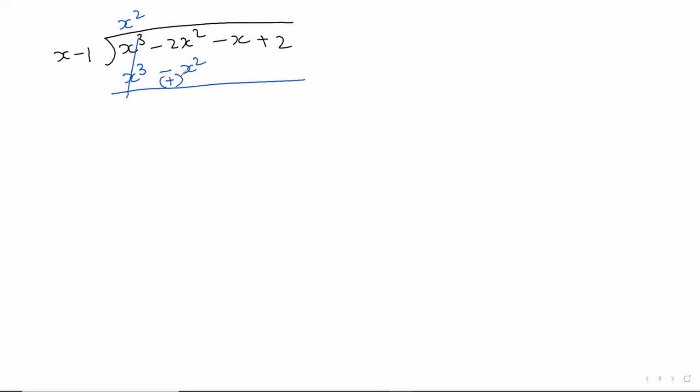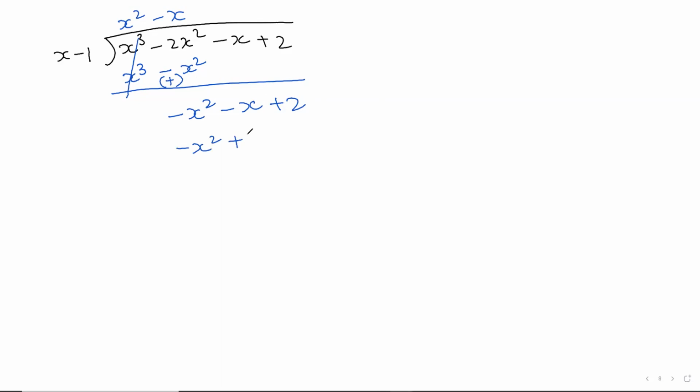So this is minus 2x square plus x square, minus x square. Ma'am, then we write minus x. Ma'am, we divided by x. Ma'am, minus x. It will be minus x square and minus x.